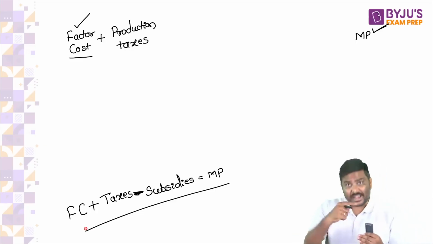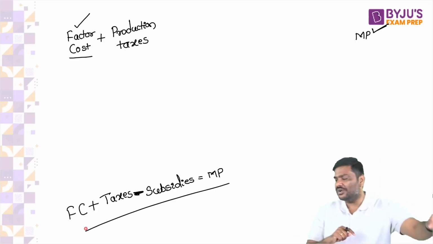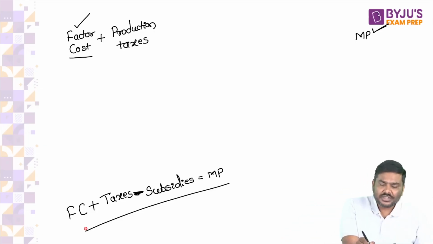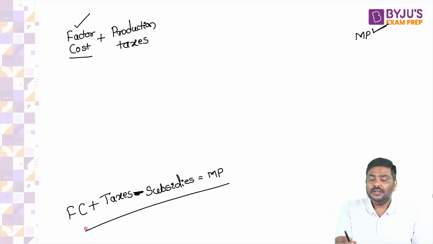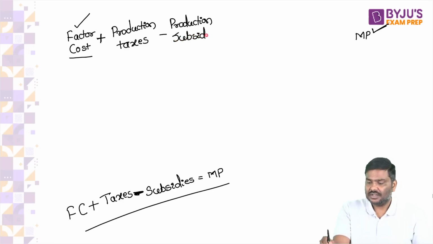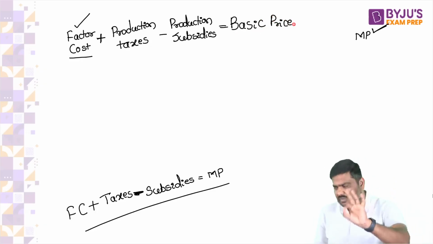How do they actually calculate? Listen now. Those who have been asking how taxes are accounted, how subsidies are accounted, I'll tell you now. Factor cost plus production taxes minus production subsidies. They will refer to this as basic price. I'll give you the definition of what is a basic price. Just give me 1 minute.